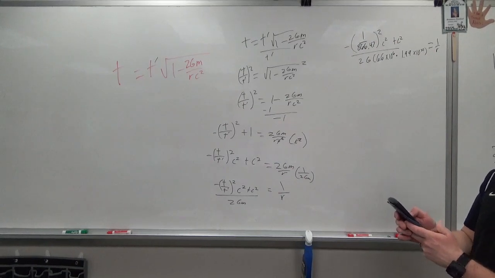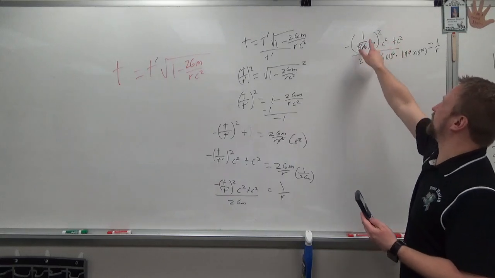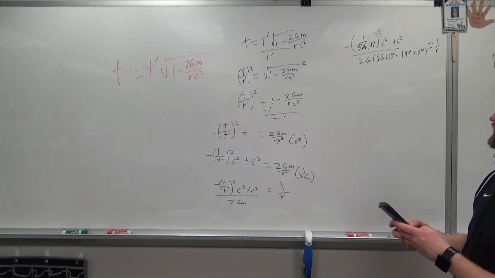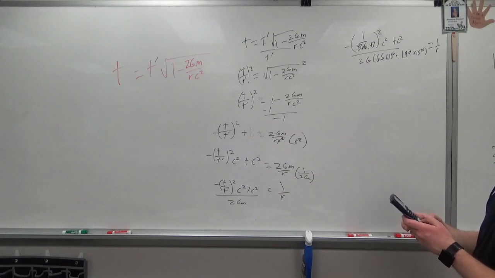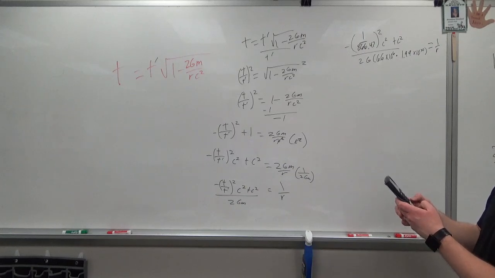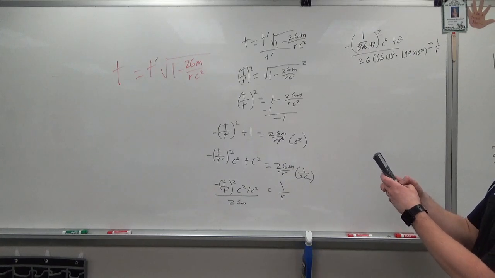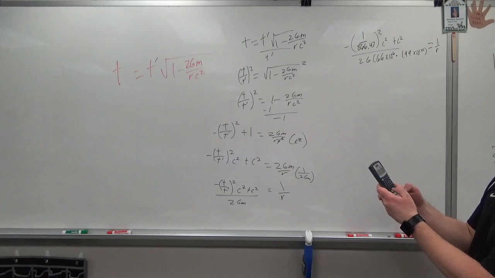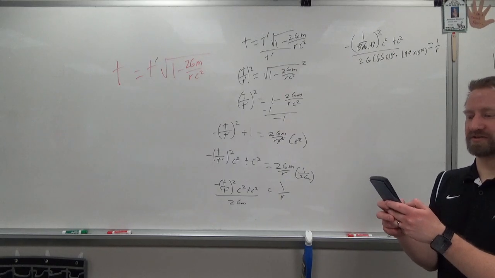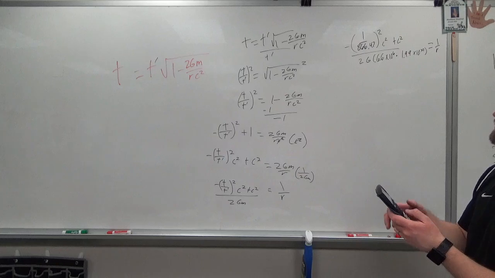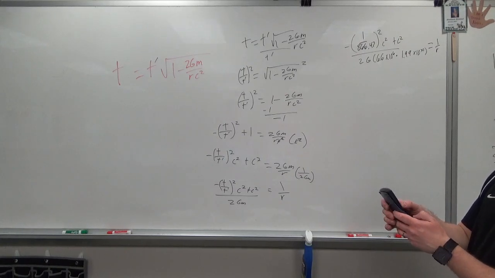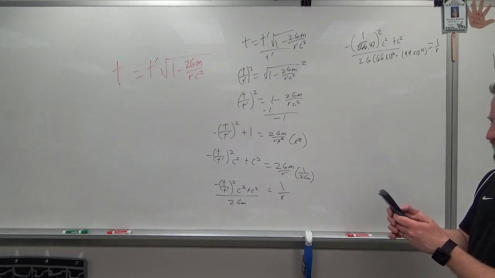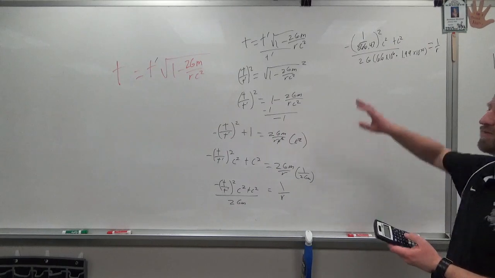So I'm going to start with this top stuff and start simplifying here. So I'm going to take 1 divided by 866.47, which gives me 0.00115. But I'm going to square that. I went too far.